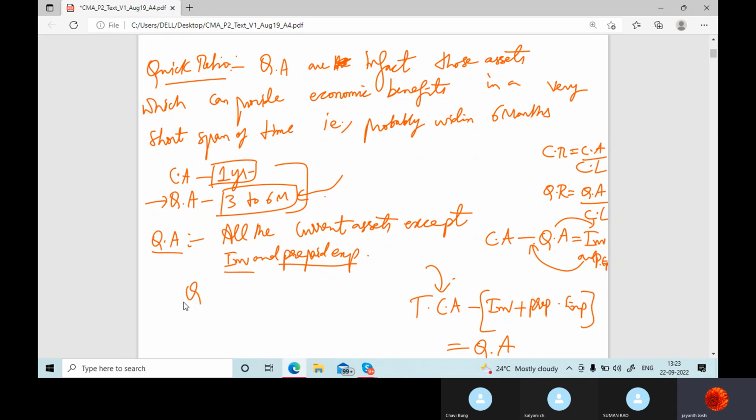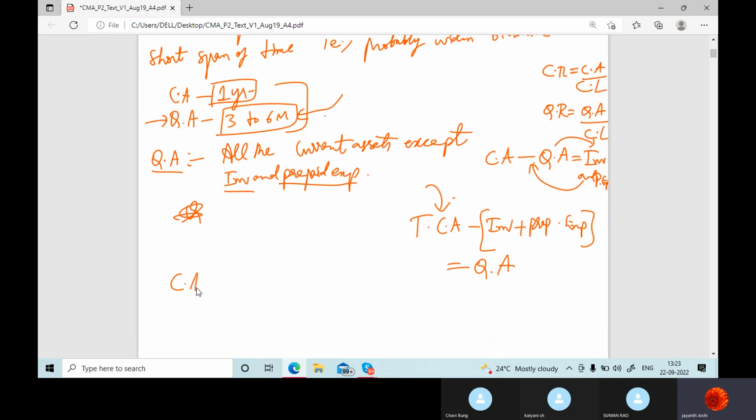So if this is current assets, I'm writing current assets, like all the current assets, like inventory, cash, prepaid expenses, short-term investments, cash in the sense cash in hand and cash at bank, and you can take any other current asset like accounts receivable.